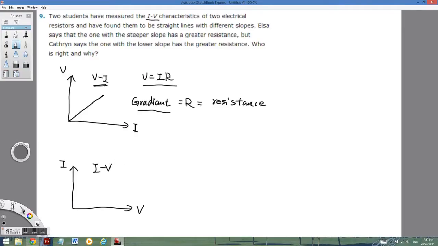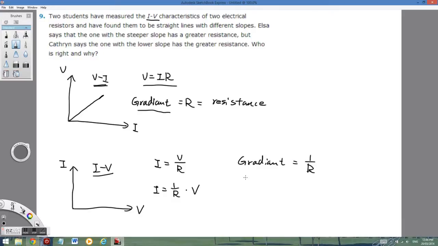So if I manipulate this formula, I equals V on R. Now let's rewrite it: I equals 1 on R times V. The gradient of this IV graph is going to be 1 on R.